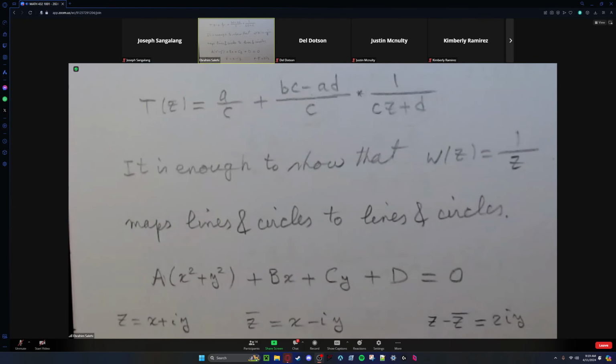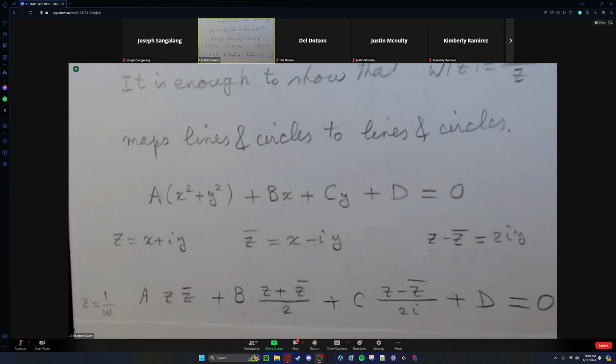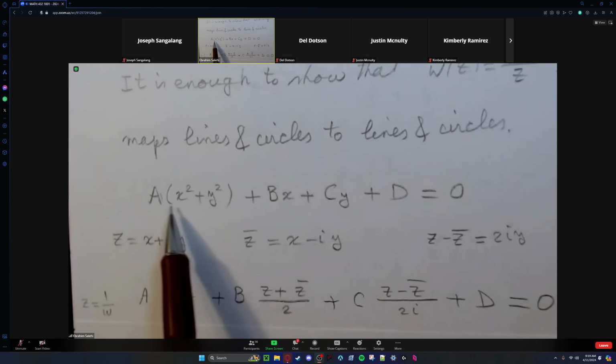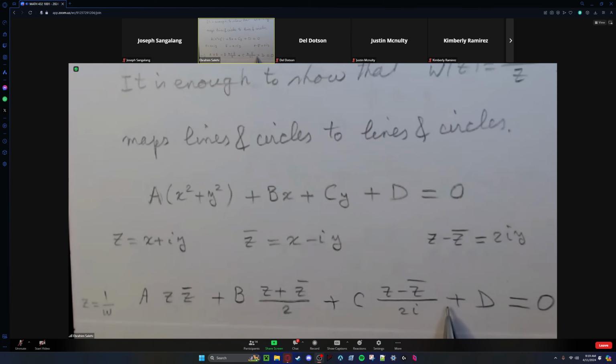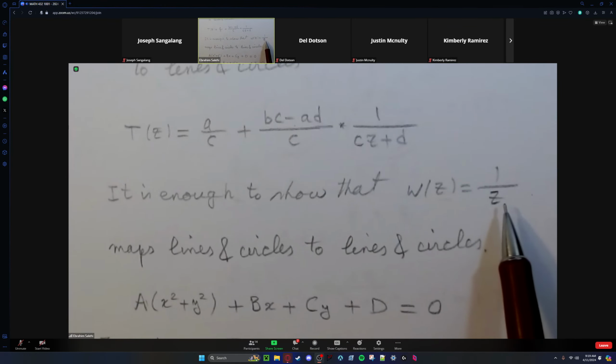All right, anyways, going back to this, now, this is the same equation in terms of z bar. And now we apply that reciprocal function. Remember, z will be 1 over w.